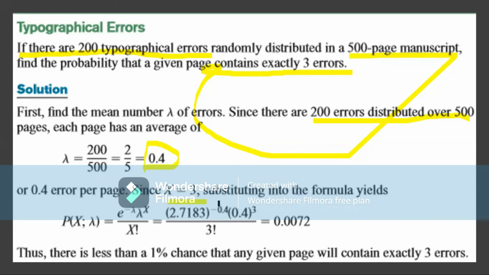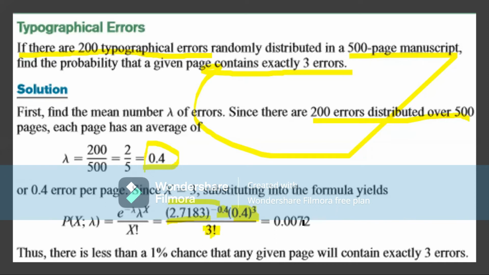Now you can easily calculate the chance that any randomly chosen page will have exactly 3 errors, right? So how would you calculate it? Simply, you know that x is 3, the total number of successes. The value of e is constant, okay? In place of lambda, you will place the value of the average, and again in the place of lambda you will add the value of the average, and x is again 3, and in the denominator this is x factorial, so it's 3 factorial.